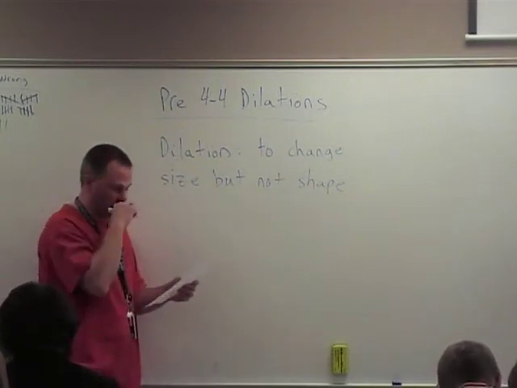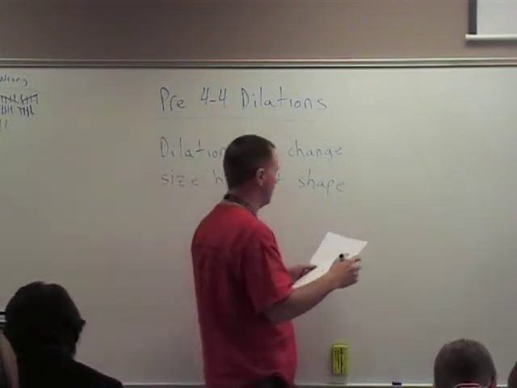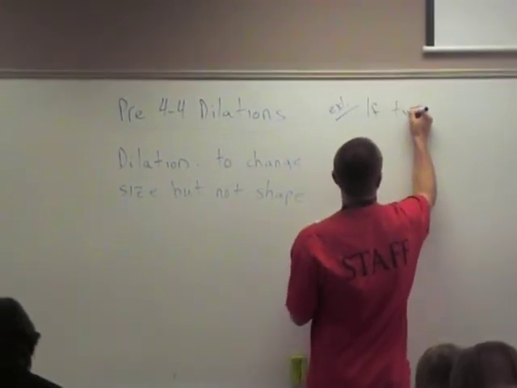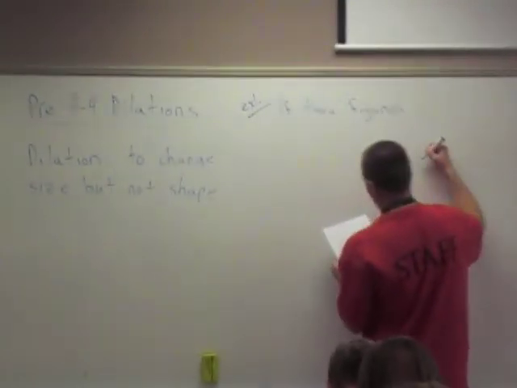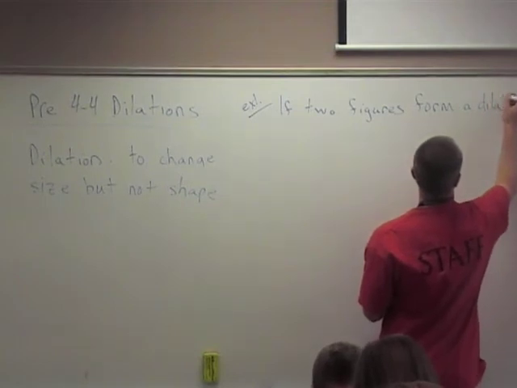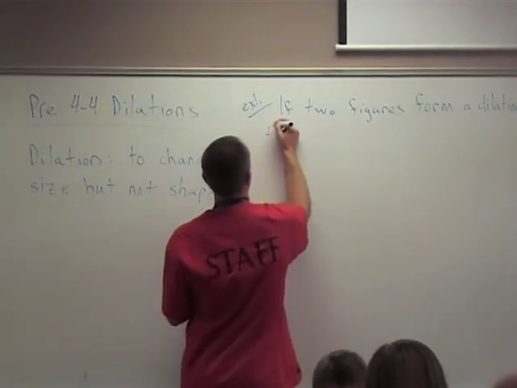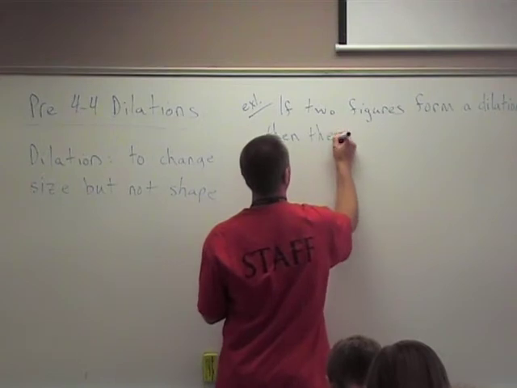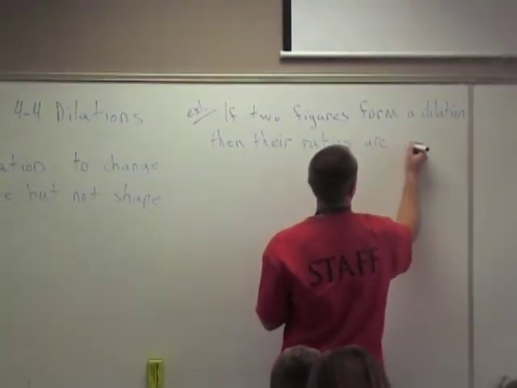So let's go over two different examples and show you what you will be doing in your homework. All right, example 1. If two figures form a dilation, then their ratios are equal.